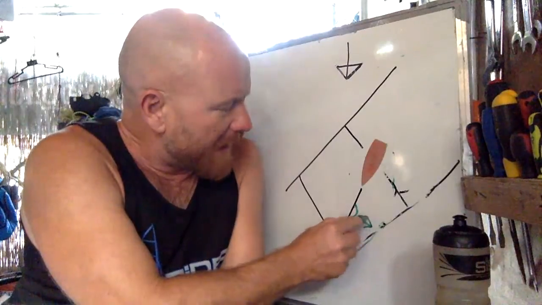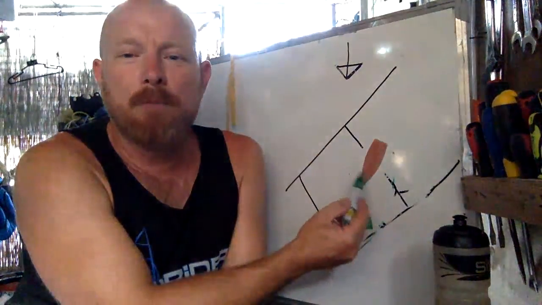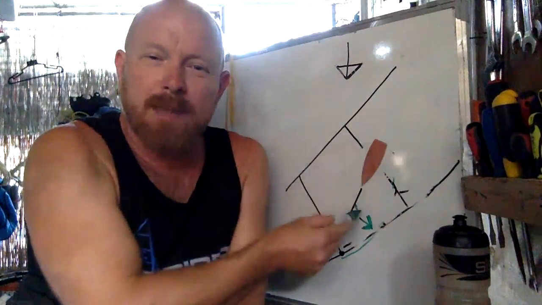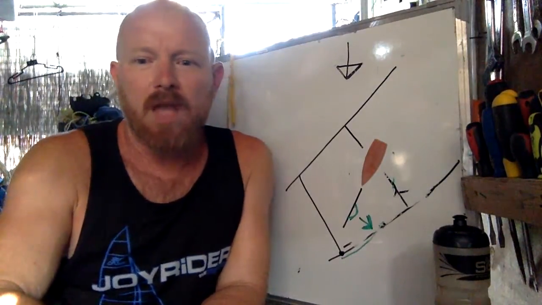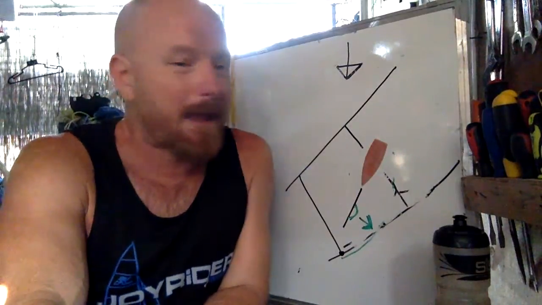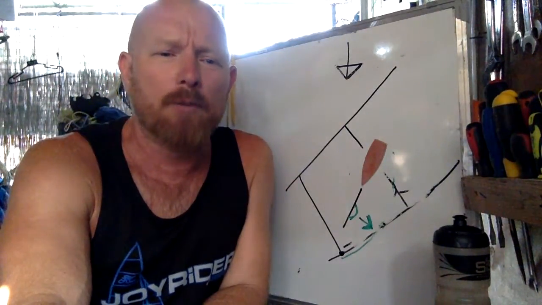So we're going to get that perpendicular pull. And also it's going to be more difficult to sheet the mainsail in because of this mast bending phenomena. Okay, so there we go. That is what we're talking about with the mast rotation. I hope that was of some help.